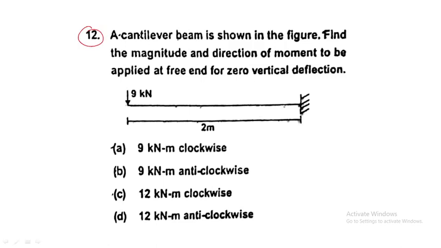Next question. A cantilever beam is shown in the figure. You can see the cantilever beam. They are asking the magnitude and direction of the moment to be applied at the free end for zero vertical deflection. Let me first understand what actually they are telling.